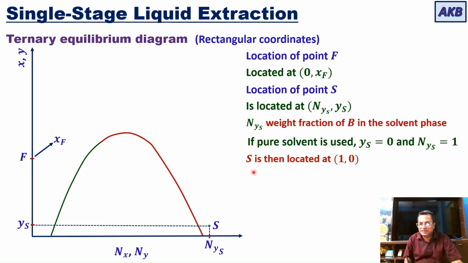So S will then be located at 1, 0, on the x-axis where NYS is equal to 1. So in that case, S will be located over here. Right now, point S is located for the case where we are using recovered solvent.